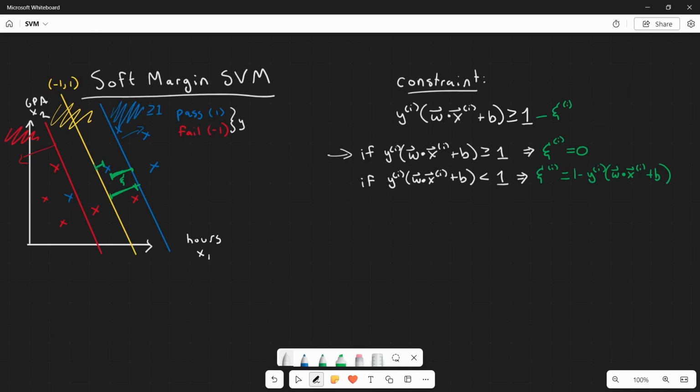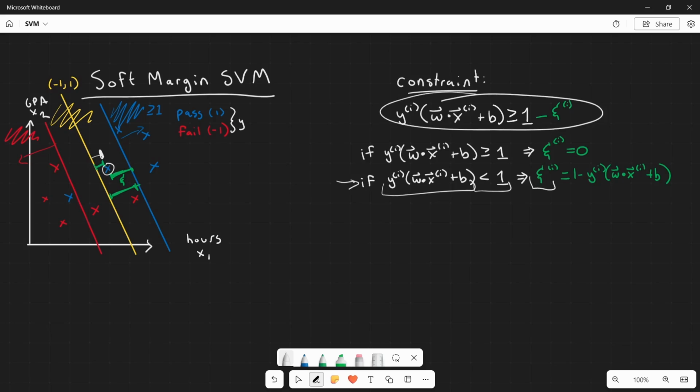All right, so now let's break apart these 2 new lines right here. So if this first condition is satisfied, where the point in question lies greater than or equal to 1 unit from that decision line, then we don't need a slack variable. On the other hand, if we're looking at this second line right here, we're saying if the point in question lies less than 1 unit away from the decision boundary, so for example, this would be less than 1 unit if we're looking at the blue point, then we will need this slack variable to offset our soft margin constraint.